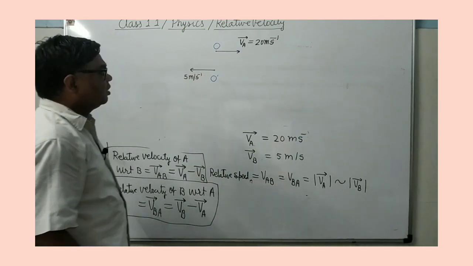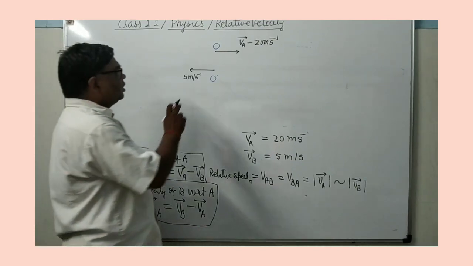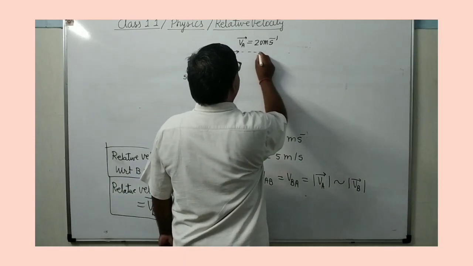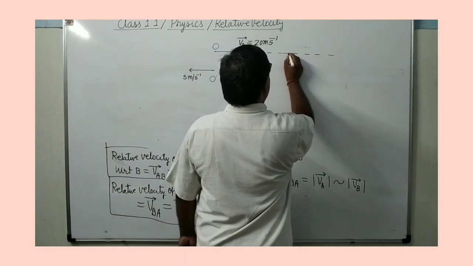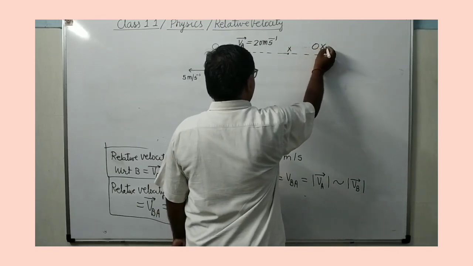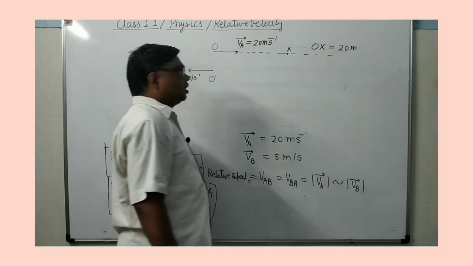It's clear? Now see here, what will be their position after 1 second? After 1 second, A will reach from O to the point X, and what will be OX here? It will be 20 meter.